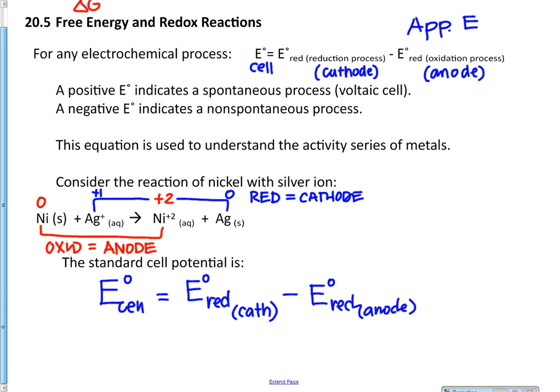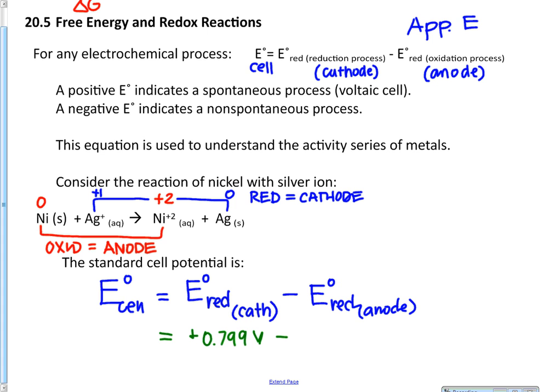Now, you should look them up in your book just to make sure you're really looking them up correctly. But this reduction potential at the cathode, if I look for silver, silver has a voltage listed as 0.799 volts, and that's a positive number, and we want to leave these numbers as is as they show us in the table.